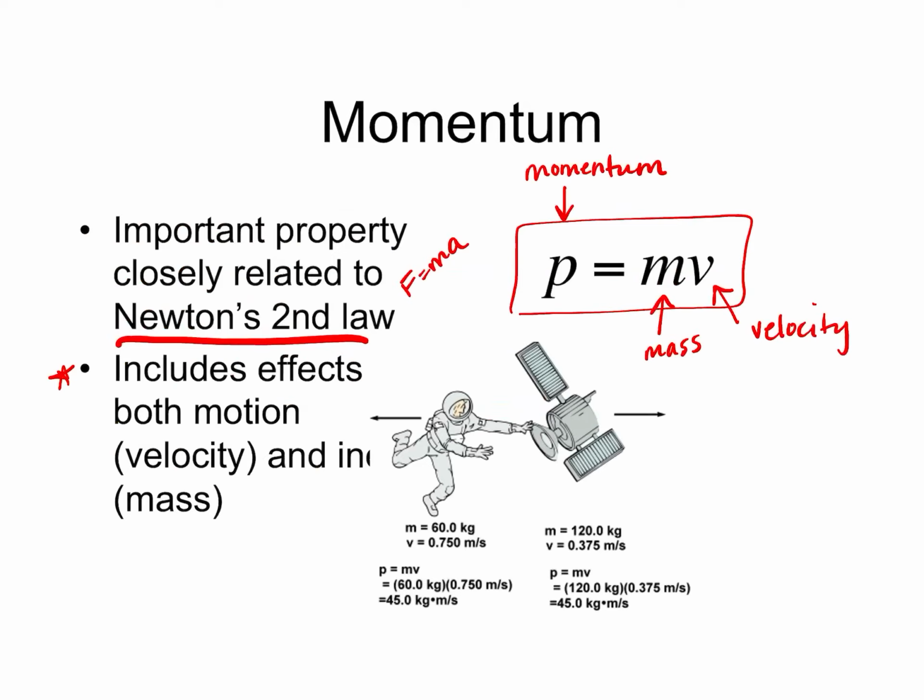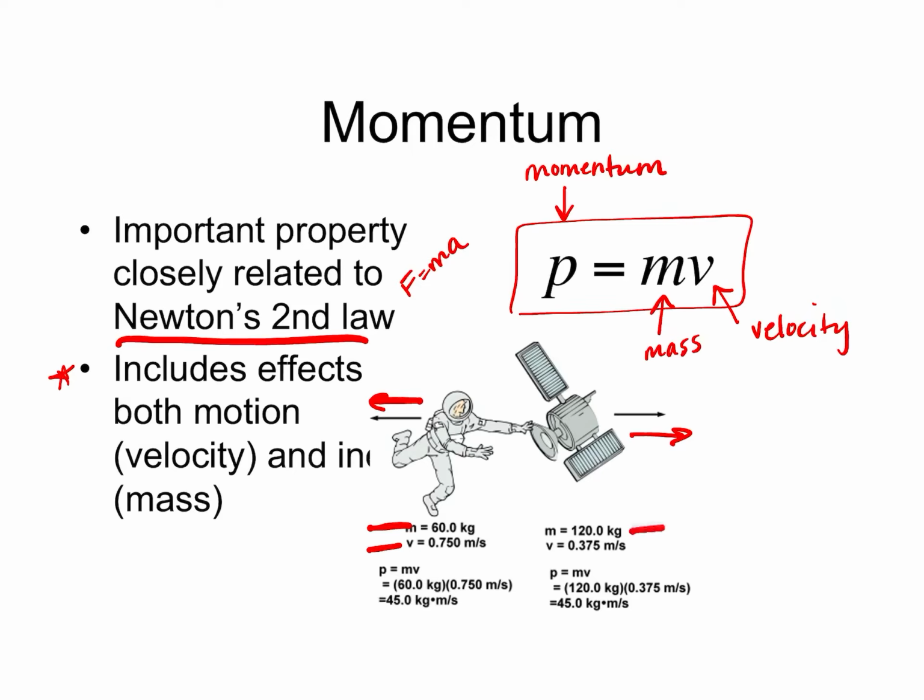And this right here is just showing you that you could take this astronaut that looks as if it's going to go forward, but it looks like it's touching that satellite and causing that satellite to go forward, and then that's going to cause this astronaut to go backwards. It looks like the mass of the astronaut is 60 kilograms and its velocity is 0.75 meters per second.